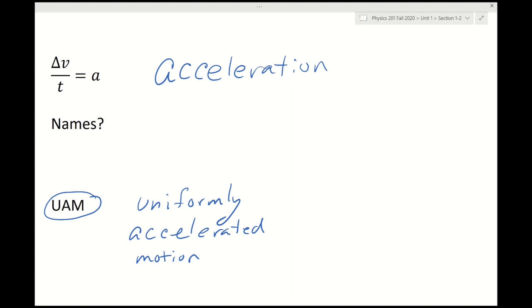We may have uniform acceleration over a certain interval, and then a uniform acceleration over another interval, and so on. But everything will be a uniformly accelerated motion situation, UAM.